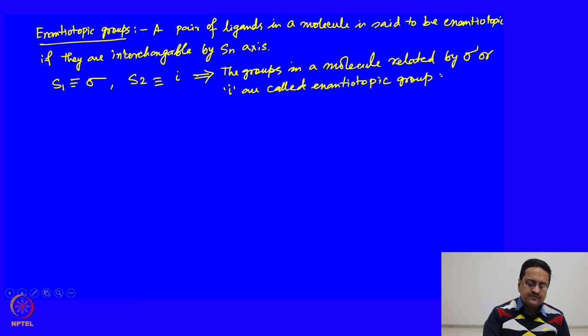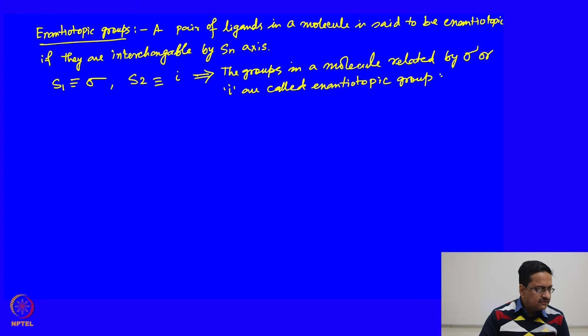What happens when you substitute those enantiotopic groups by another atom, one after another? You can generate two molecules which are essentially enantiomers, and because the products are enantiomers, we call that pair of atoms enantiotopic atoms.